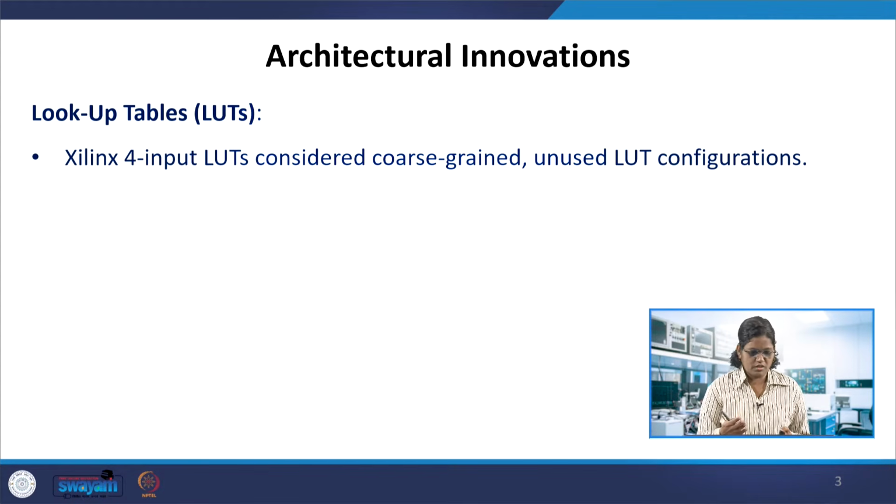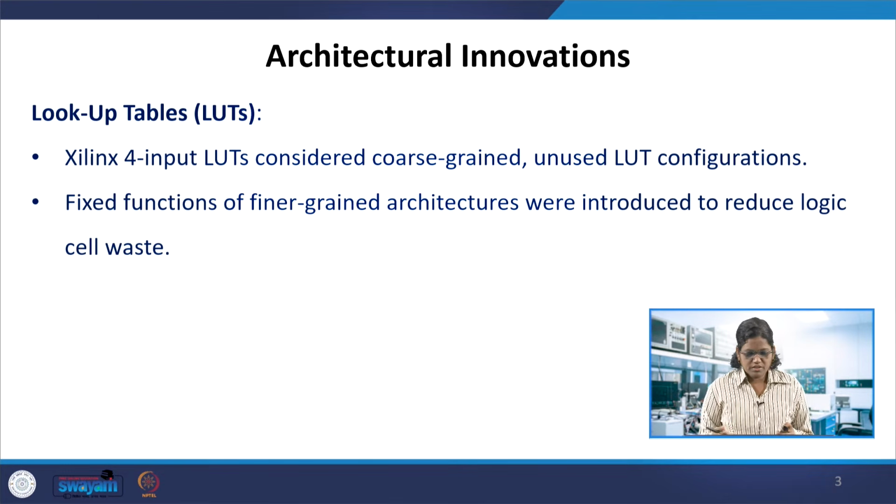Initially, in the first FPGA, they were 3 input LUTs, and later Xilinx in that age introduced 4 input LUTs, which is considered coarse grained, so there were complex logic blocks, and because of that many unused LUTs were also part of this age. Not all the LUTs were used for configuring a particular function or design at that time.